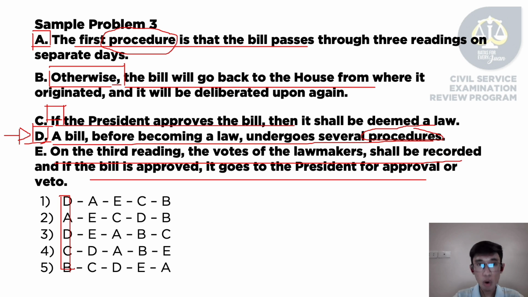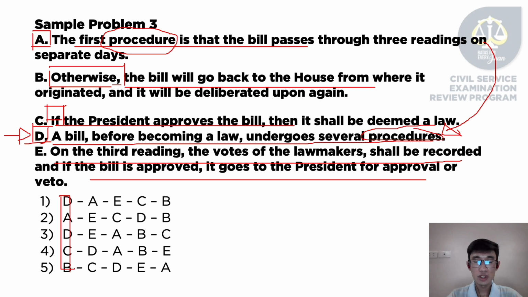right? Because if you put letter A now as your 2nd sentence, diba? Tingnan nyo, letter A actually, kung babasahin nyo maigi, follows letter D, right? Kasi letter D talks about a bill undergoing several procedures. And then A says, the first procedure, so ibig sabihin, it is describing what kind of procedure D is talking about.